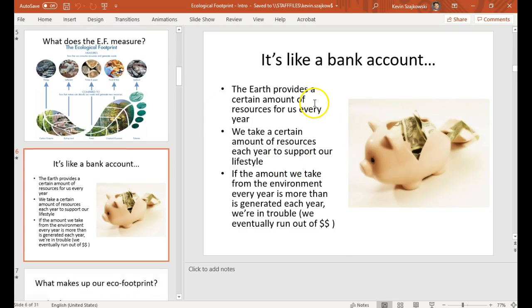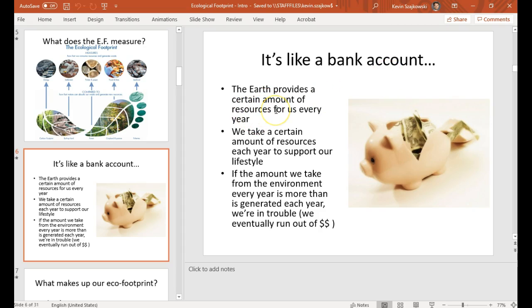Okay, so when you watch some of the videos that are attached early in the PowerPoint, you'll see one of the creators of this concept is up on stage, and he uses this analogy as well. The Earth, it's like a bank account. What humans have access to, the Earth's resources, is like a big bank account.